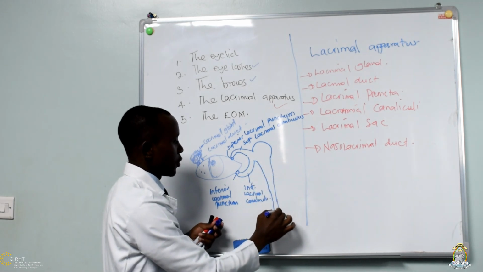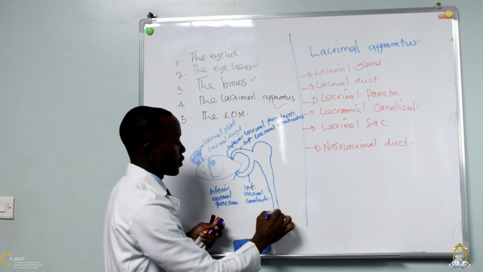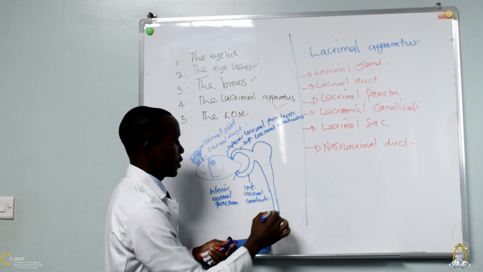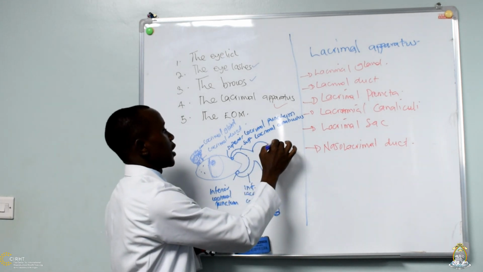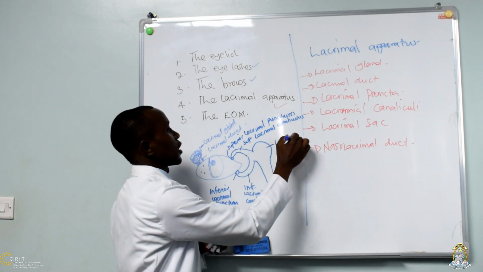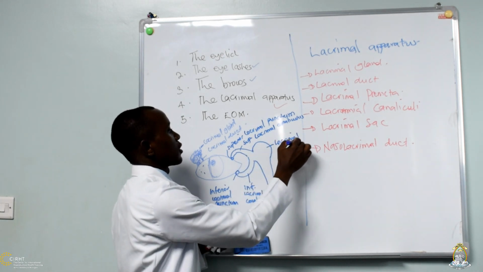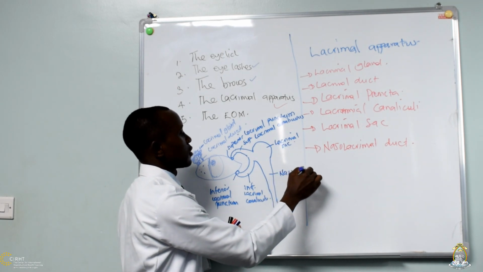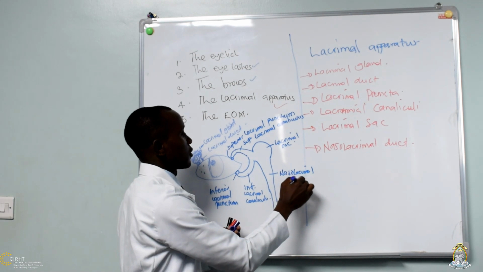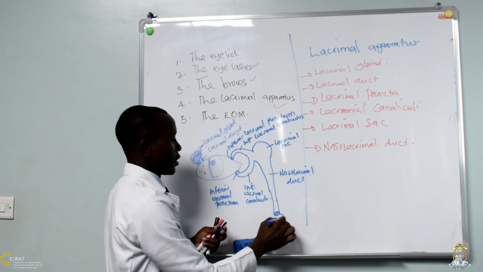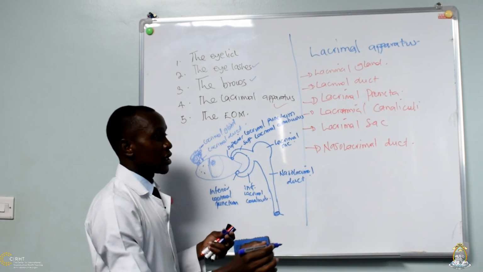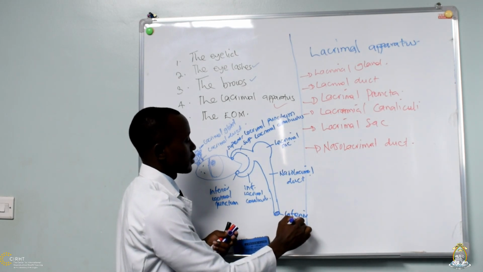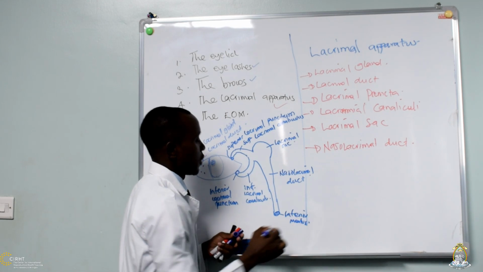It opens at the inferior meatus of the nose. So this one here is the lacrimal sac, and then there is the nasolacrimal duct. This now is the opening, at the point of the inferior meatus of the nose.